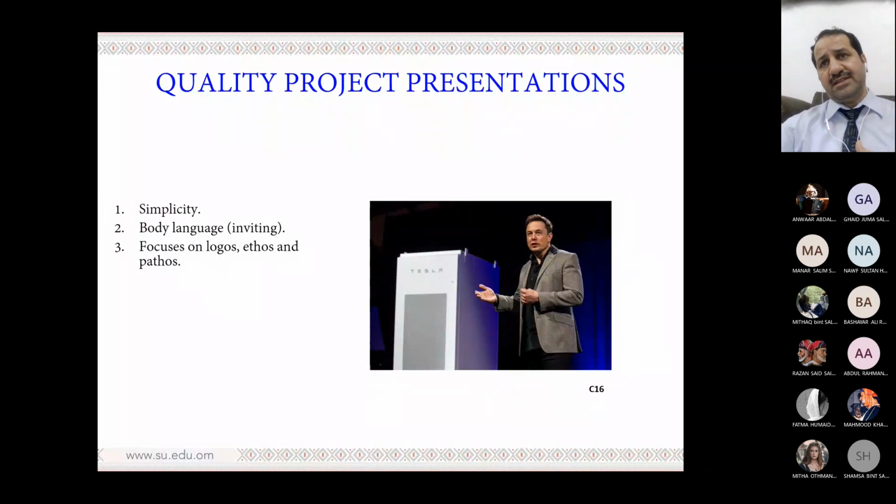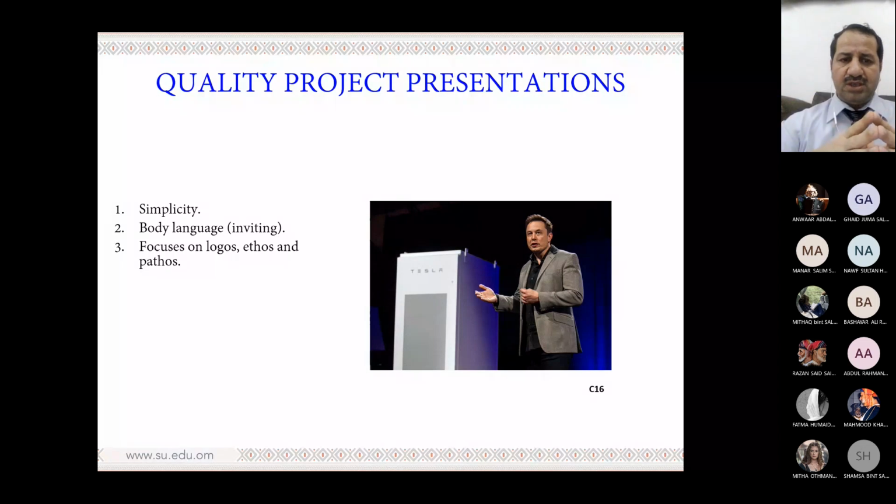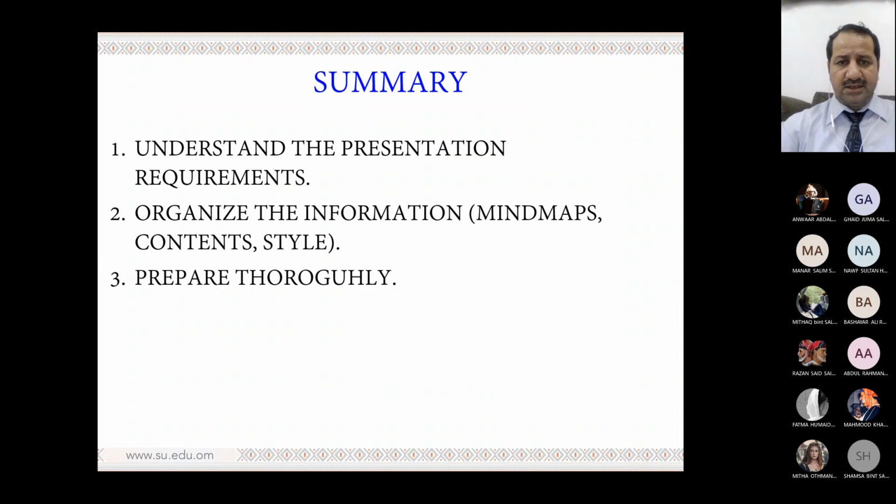And ethos, how to present them. And pathos is how you make things more emotional while you are presenting, so you attract people, who use their emotion in one way or another while you are presenting your work.